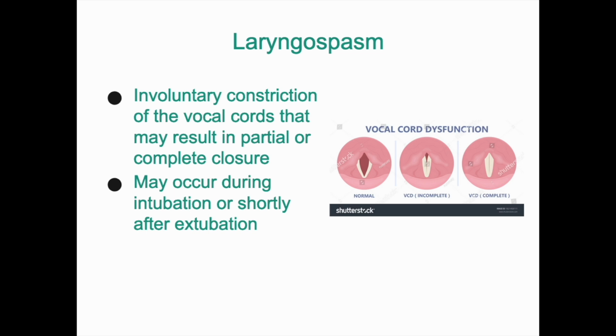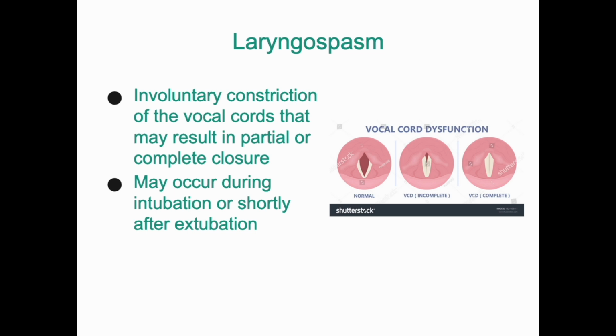For a laryngeal spasm, I put an image on there where you can see normal, incomplete, or one that is completely closed. This is the involuntary tightening of the vocal cords, which can partially or completely block the airway. It can happen during intubation or soon after extubation, so when we're putting the patient to sleep or when we're bringing them out.